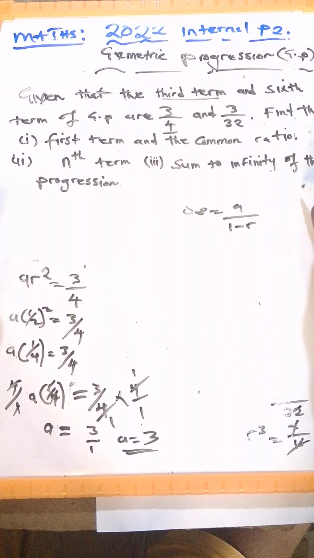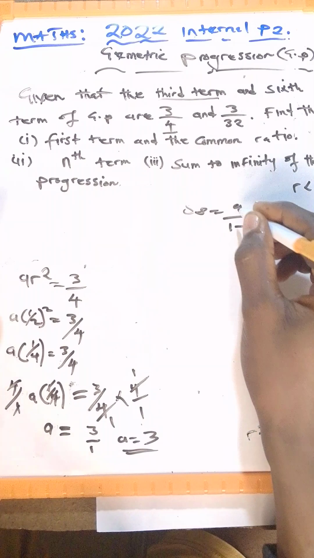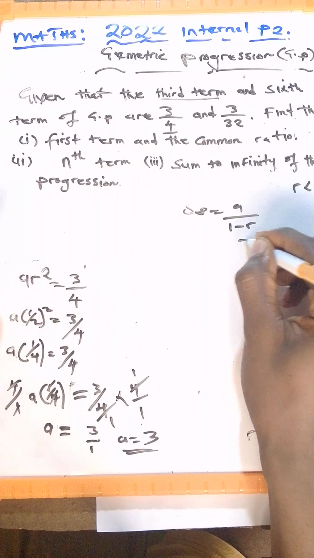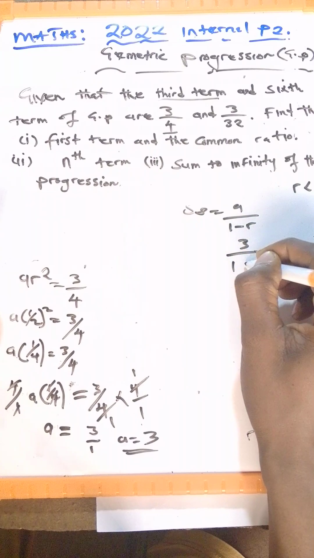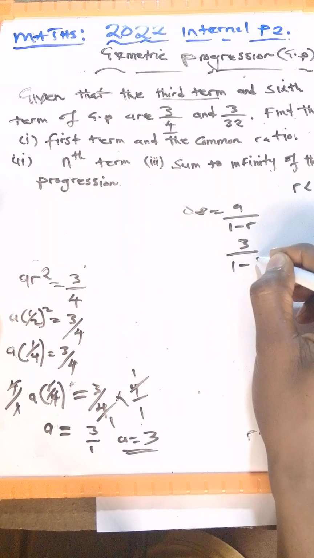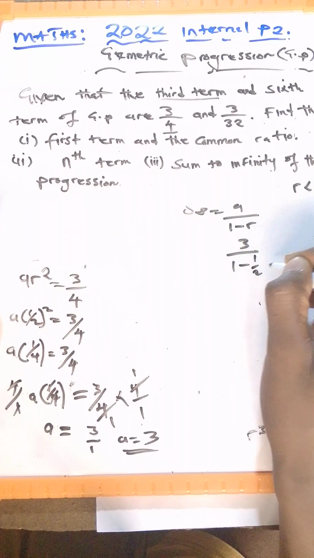So we know that when r is less than 1, the first term was 3 over 1 minus our common ratio, which is 1 over 2.